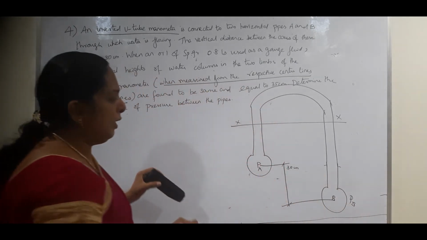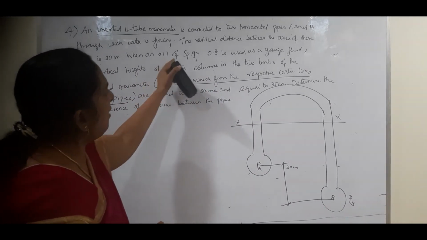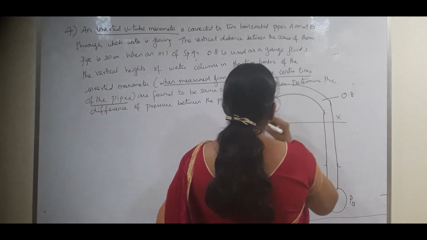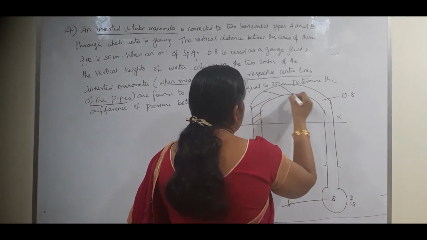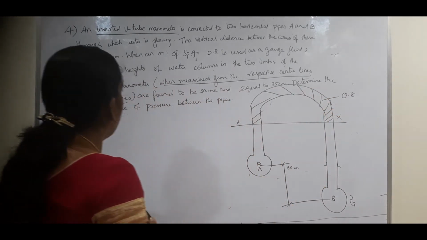Okay, so that is one clue they have given. And the other one they have given here is the oil of specific gravity 0.8. So this area is filled with the oil of specific gravity 0.8. Am I right? So as of now till the datum line we are filling it up. Okay, and they have given you one more clue.